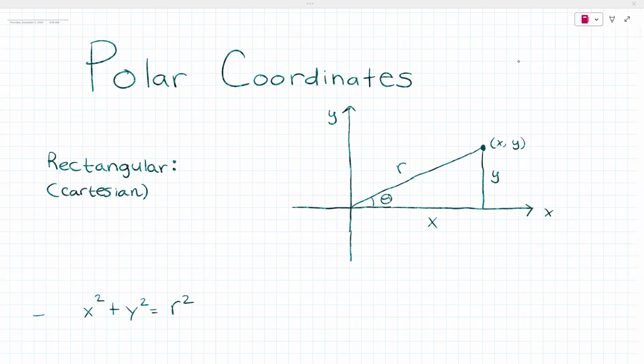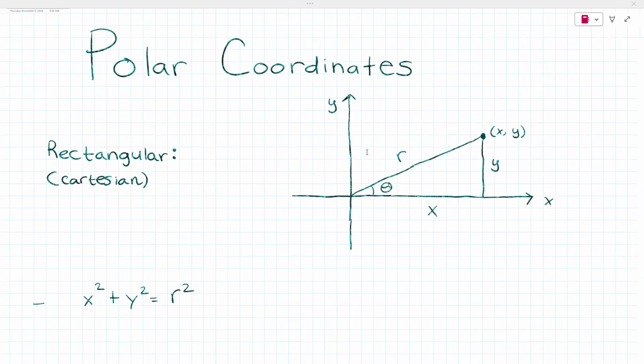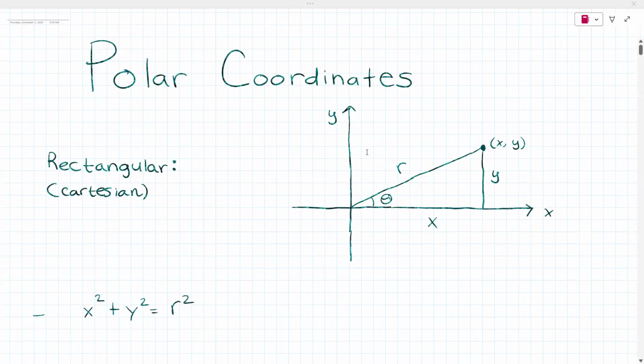Okay, so polar coordinates. You've seen this before in pre-cal or trig. Here you have a Cartesian plane, and you have this point x comma y, right? The horizontal distance is the x, the vertical distance is the y, and then the hypotenuse is the radius.